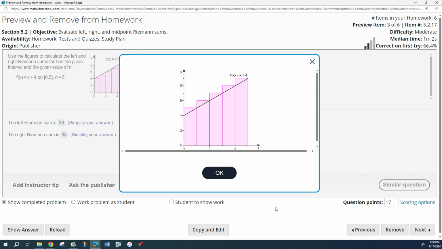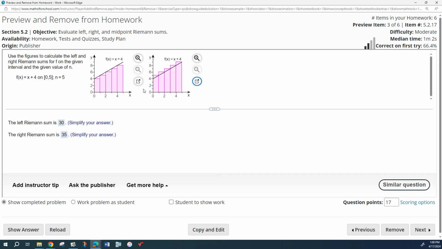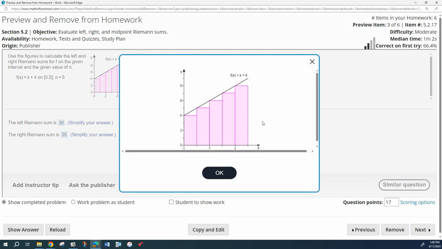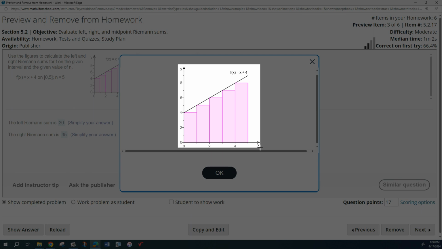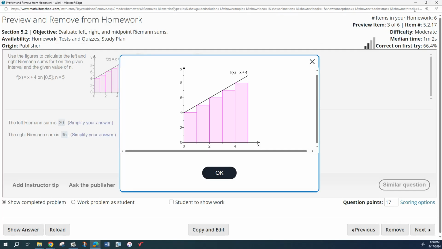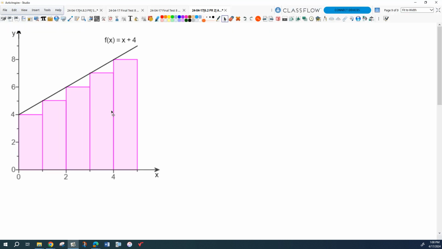Okay, let's do the left sum first. What would I do? I would just manually calculate those values.